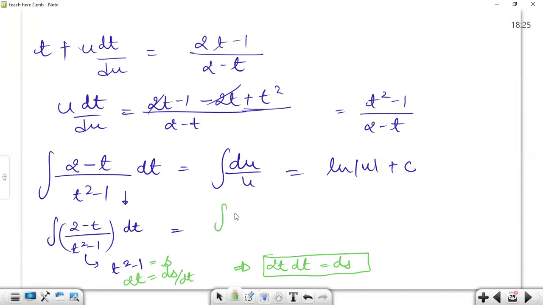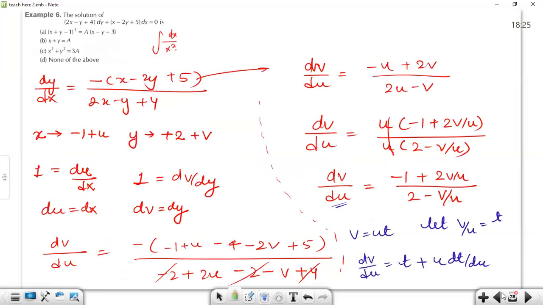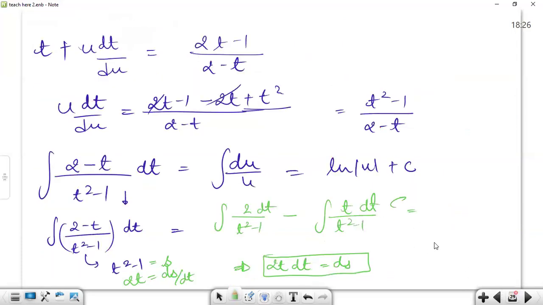Okay, so let's write it separately: the integral of 2 over t square minus 1 minus t upon t square minus 1 dt. Now t dt here, using the formula we have written earlier, will become ds over 2, which is s, so half into logarithm of s.